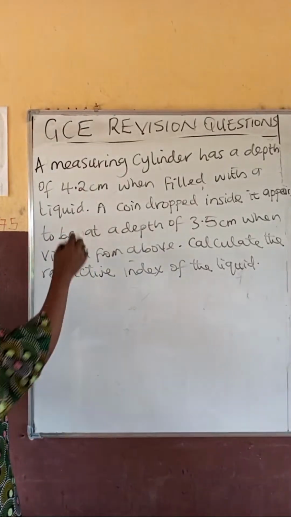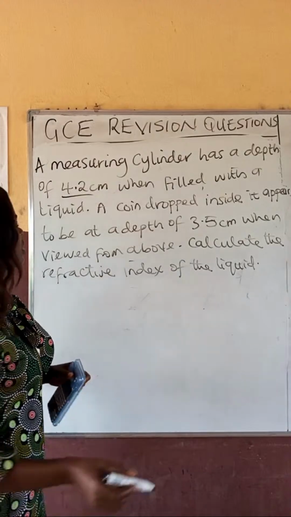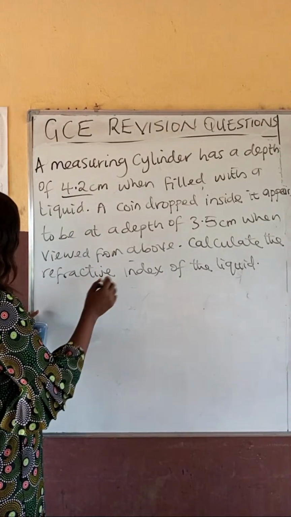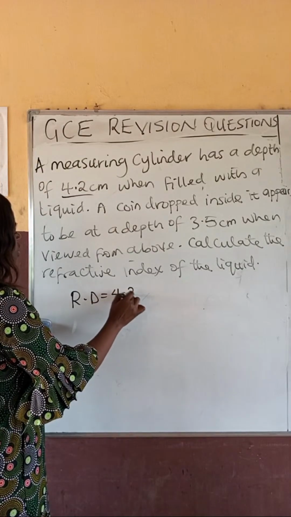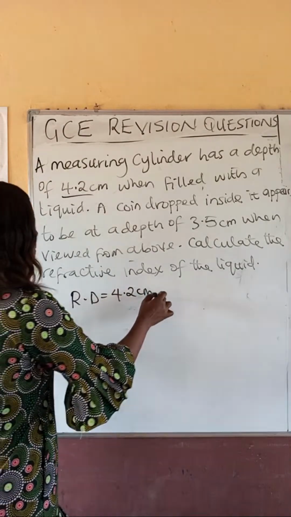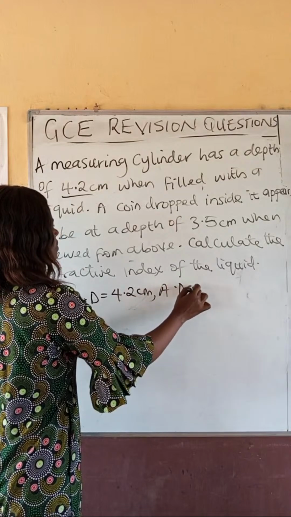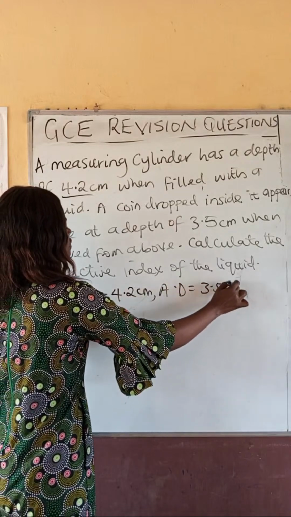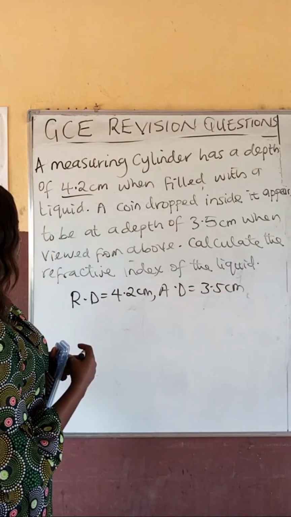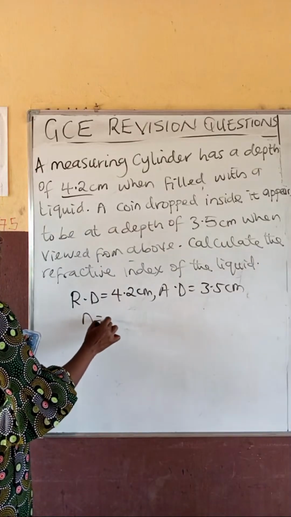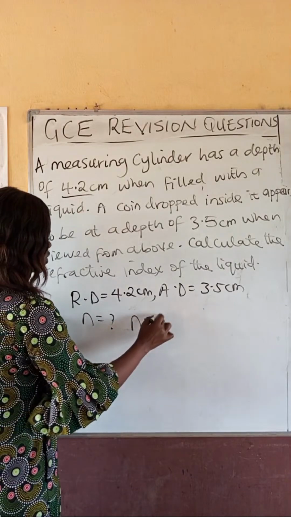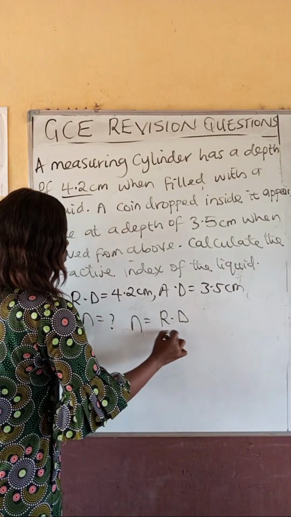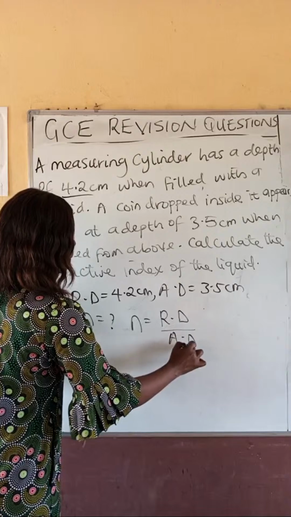Now, this is the real depth of this measuring cylinder. So we have real depth to be 4.2 centimeter, apparent depth to be 3.5 centimeter. We're looking for refractive index, which is n, and the formula is n equals real depth over apparent depth.